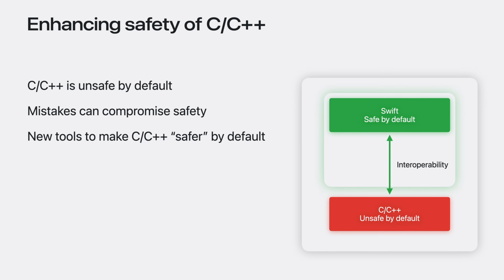I'm just one mistake away from a security bug. Ideally, I would rewrite that code in Swift to get full safety. But sometimes that is not practical. It's never possible to make C and C++ as safe as Swift, but here are some tools to provide partial safety in C and C++.